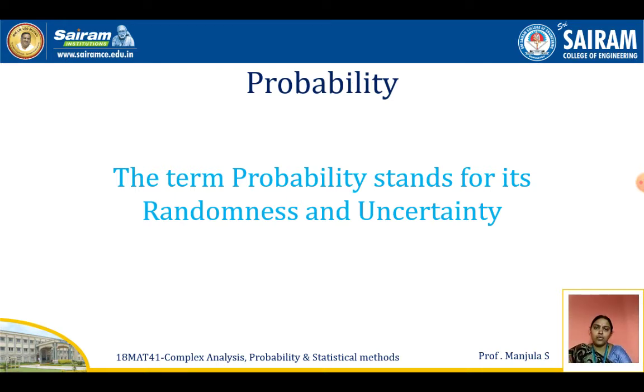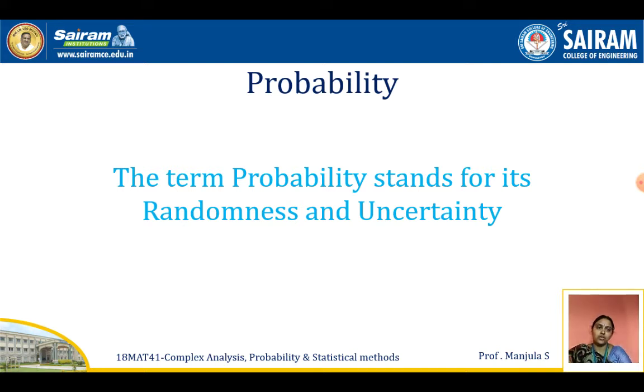The term probability stands for randomness and uncertainty. Usually we use this word in our regular language, like, probably today my friend may come, probably he won't come. It means we are not 100% confident about that sentence.